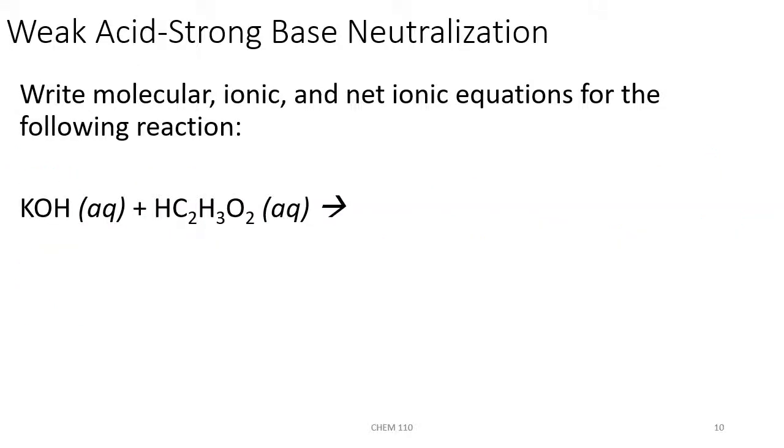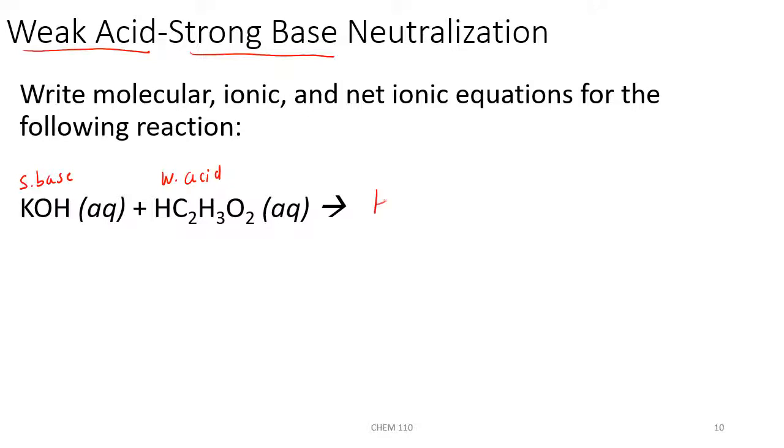Now let's see how our equations change when we're dealing with a weak acid strong base neutralization. So in this reaction we have potassium hydroxide, which is a strong base, reacting with acetic acid, which is a weak acid. We would know it's a weak acid because it's not on our list of 7 strong acids. We're still going to write the products from our double replacement reaction.